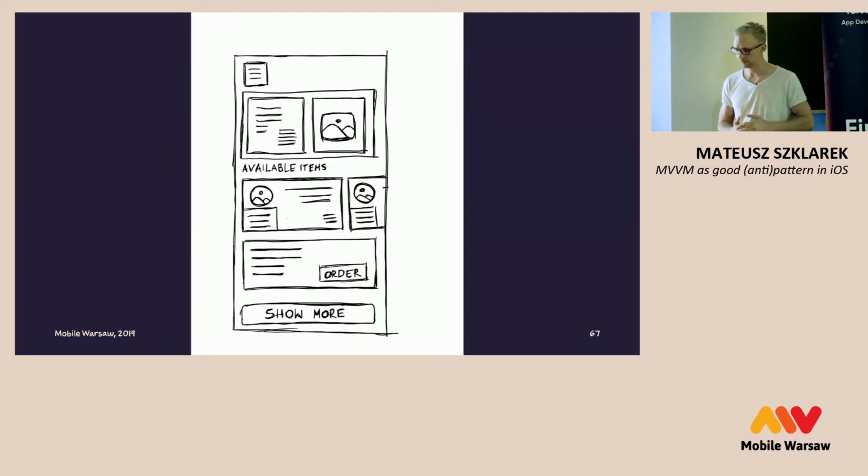Let's look at this image, which shows us an example of one of the screens in our previous application, which we made at El Passion. And who wants to bet how many view controllers are here? 4.